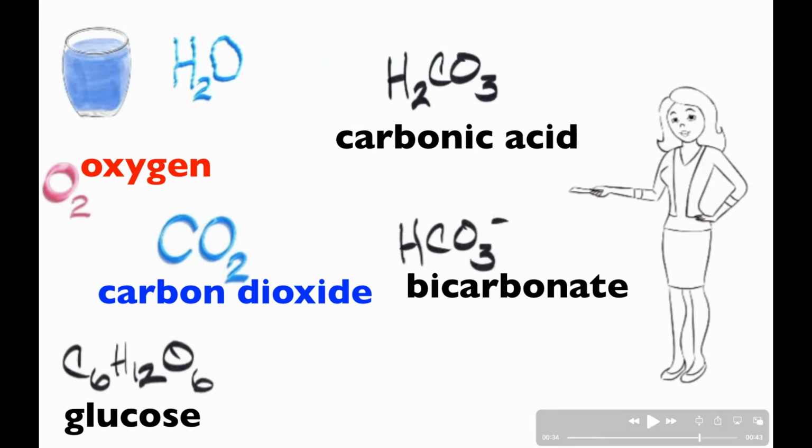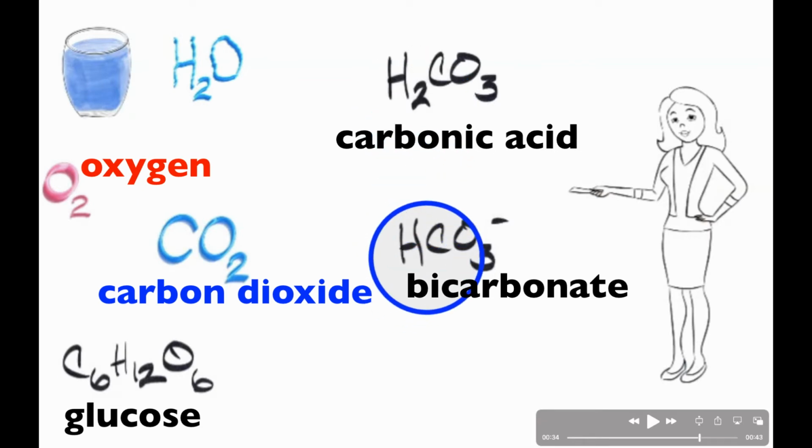The only difference between carbonic acid and bicarbonate is that bicarbonate, as you may see, only has one hydrogen atom, whereas carbonic acid has two. Bicarbonate, by losing that hydrogen atom, now has a negative charge, and that's what we refer to as a molecular anion. It's a negatively charged molecule.